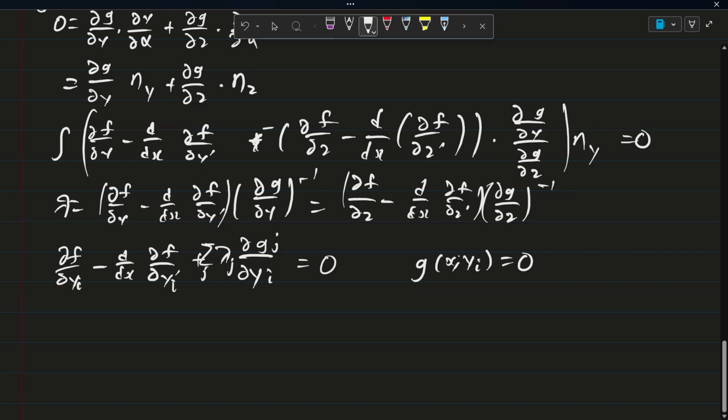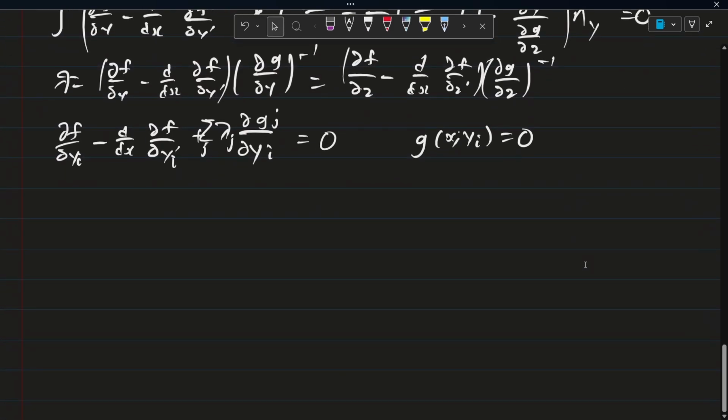But there's also another type of constraint. Instead of having a function that is constant, you could say that there is a functional that is constant. So from a to b, there's this function which has to be the value k.